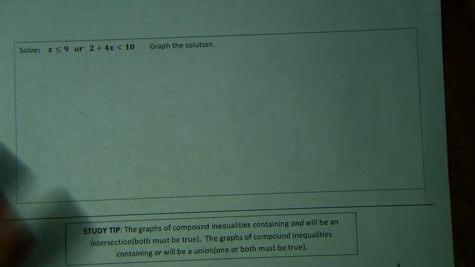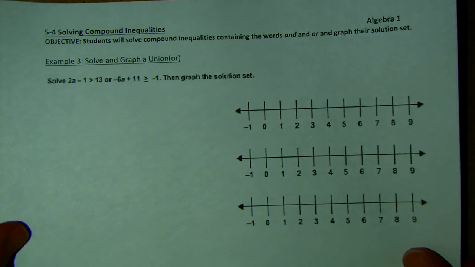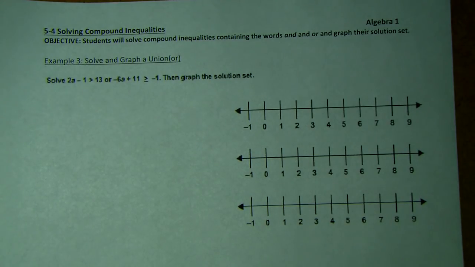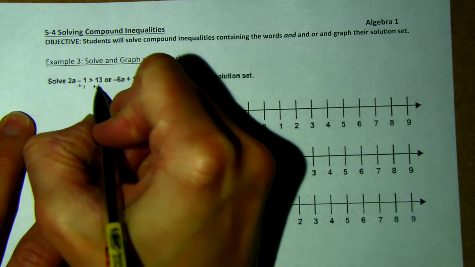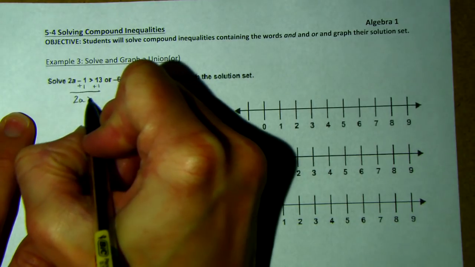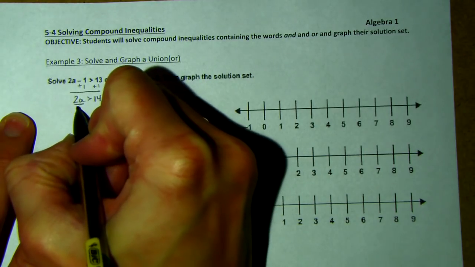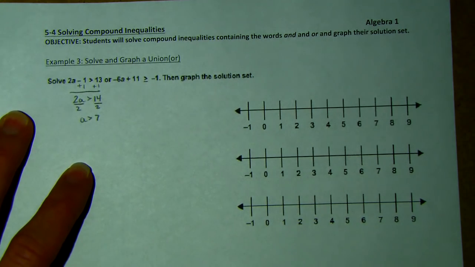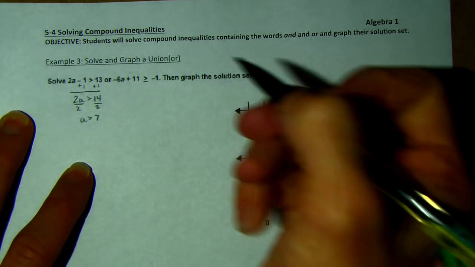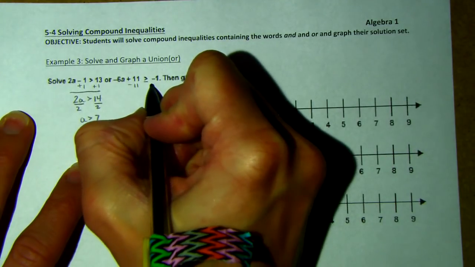All right, last page. Example number 3. Solve and graph a union. In other words, an or problem. So you see you got the two inequalities. Let's solve each one separately using our order of operations. We get a is greater than 7. On the right one, I'm going to subtract 11.